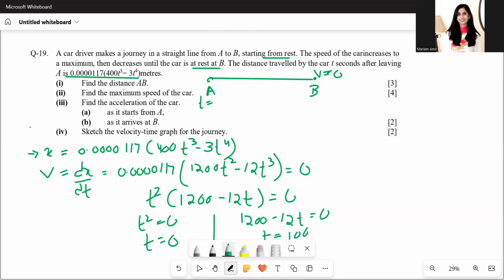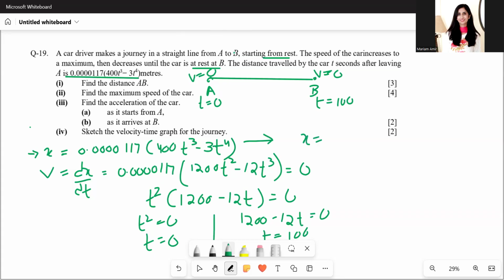So at t equals 0, the speed is 0, which means at A. And then at t equals 100, the speed is again 0, which means at B, time is 100. So now we substitute 100 here and get the value of the distance AB.